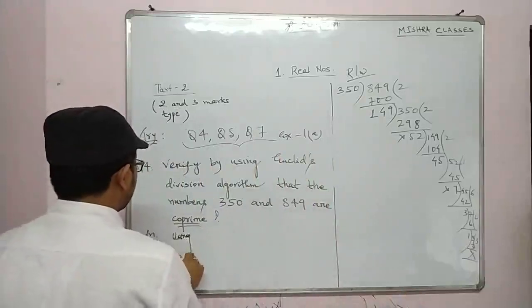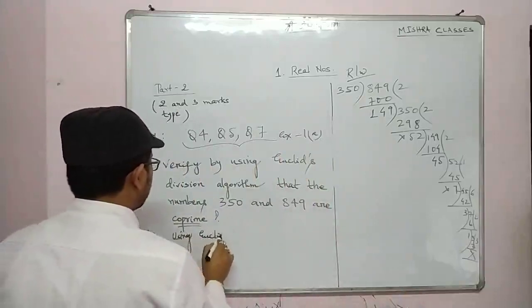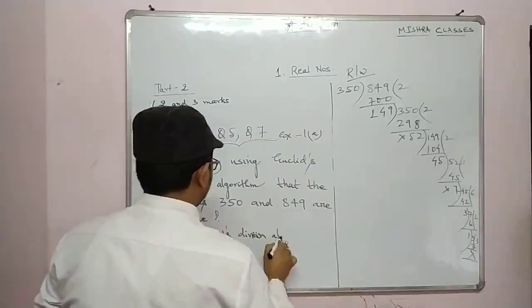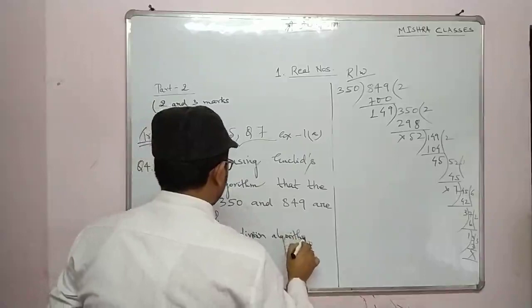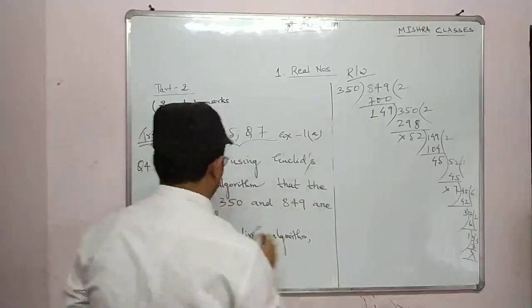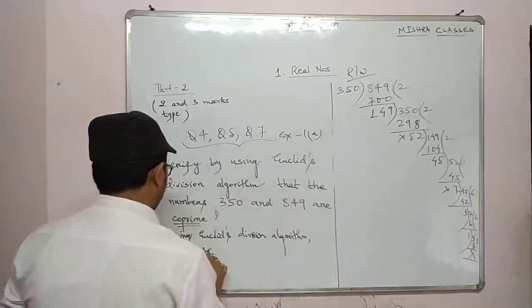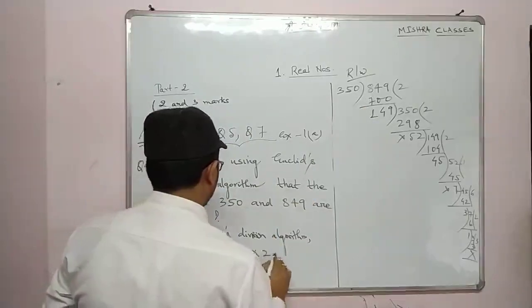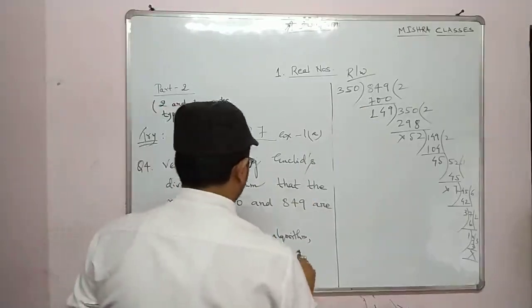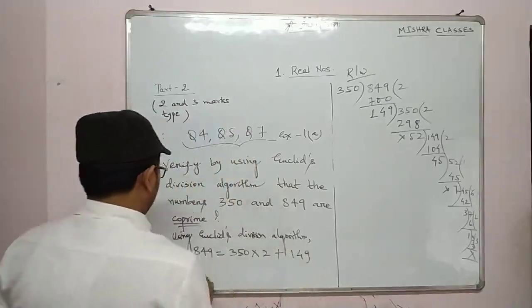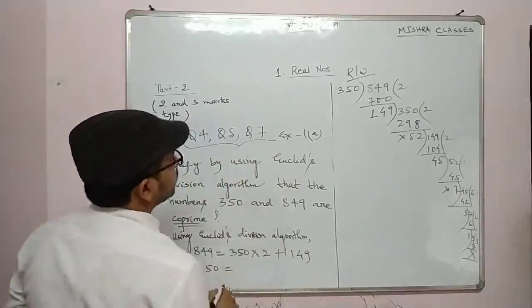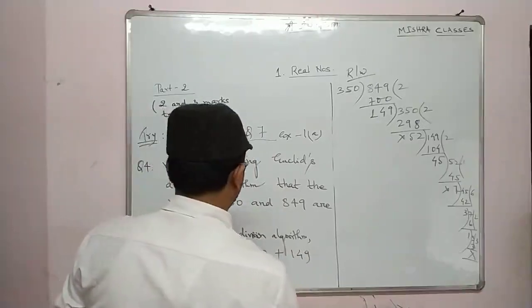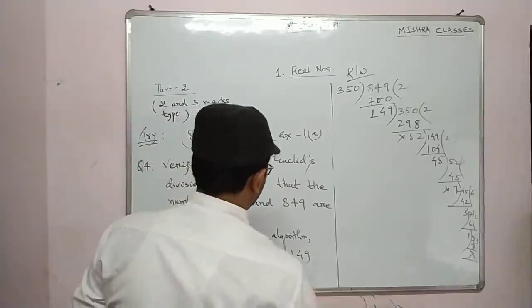Using Euclid's division algorithm, how will you write? 849 equals 350 into 2 plus 149. Then 350 equals 149 into 2 plus 52.